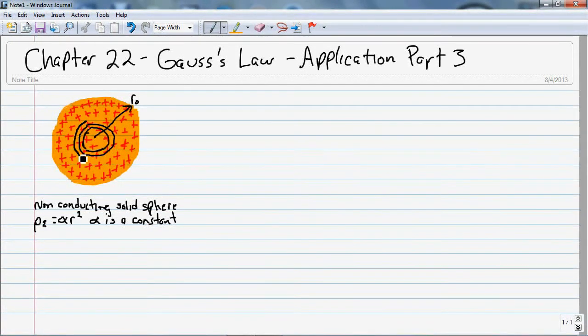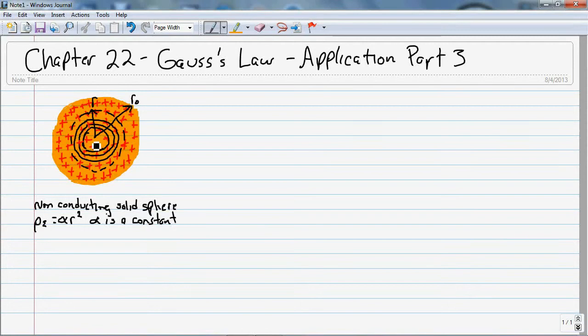It's in these concentric circles, and that's alpha r squared. So let's take a Gaussian shell inside, and its radius is going to be r.